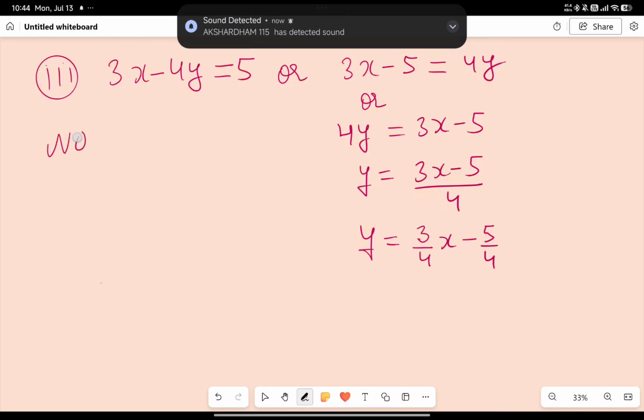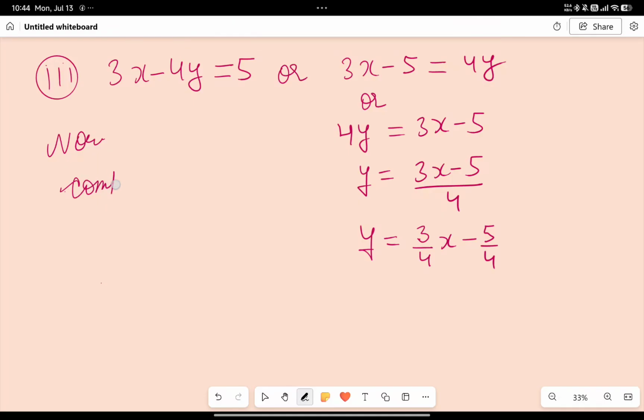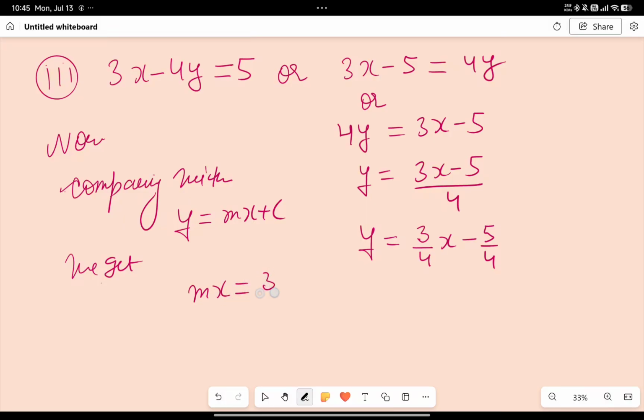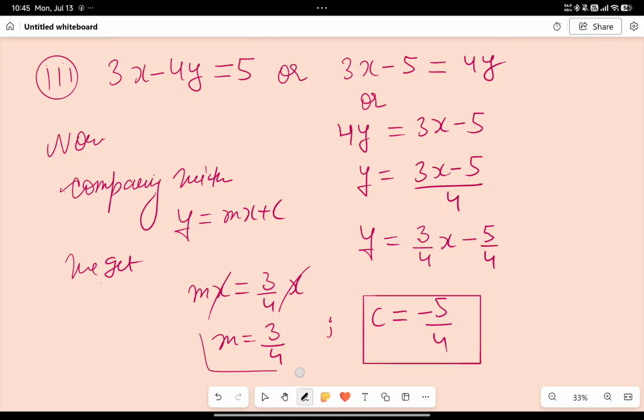Now comparing with y equal to mx plus c, we get m equal to 3 by 4, x cancelled out, and c is minus 5 by 4. So this c is the answer and this m is the answer. I hope till here it is clear to you.